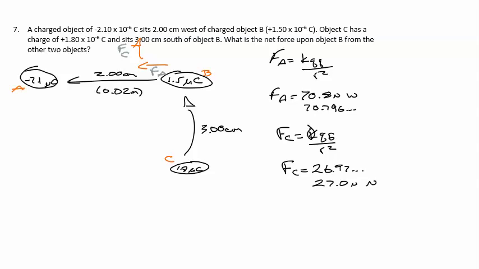We need to put these two together, and so we see force C going north at 27.0, and then from A we're going 70.8. This is our new triangle, so the new force is kind of coming up like this.